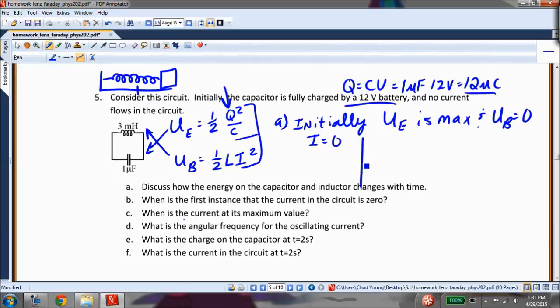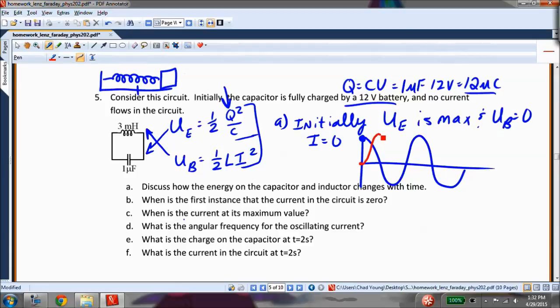So if I were to plot these, I'm going to plot UE in blue, and UE initially is at maximum, and it's going to decrease and then go like this. Now if I plot UB, it's going to initially be 0, and let's see how it'll go.